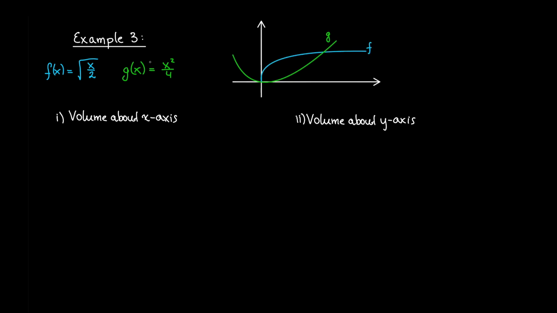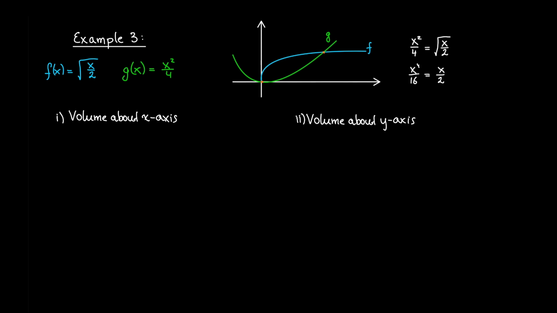As you can see, this time in our exercise, we are not given bounds, because these two functions intersect at two distinct points, this one right here and this one right here. So in order to establish the bounds of our integral, we have to first equate these two functions to each other and solve.